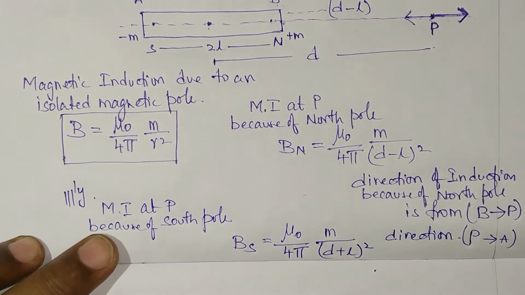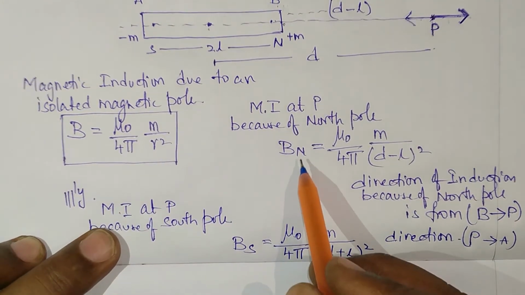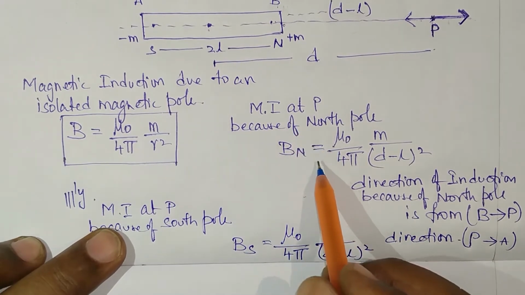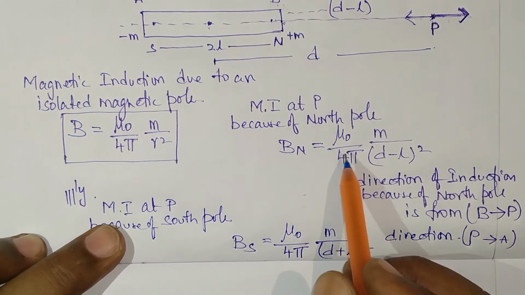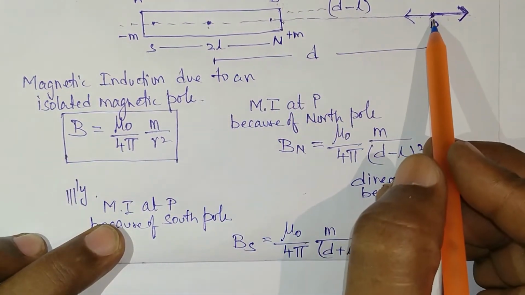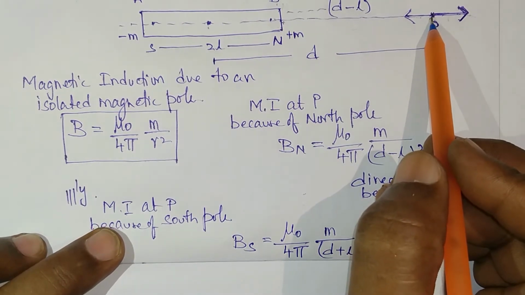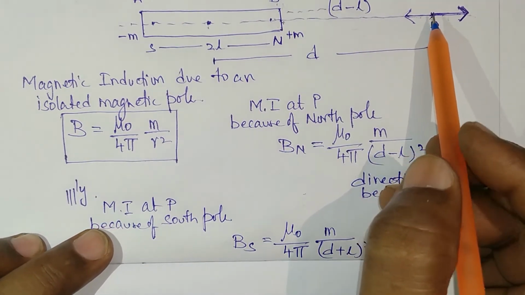Now among these two magnetic inductions, which one is larger? The one which is very close to this pole will have more magnetic induction.